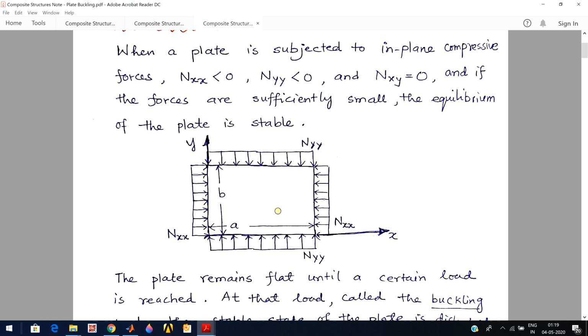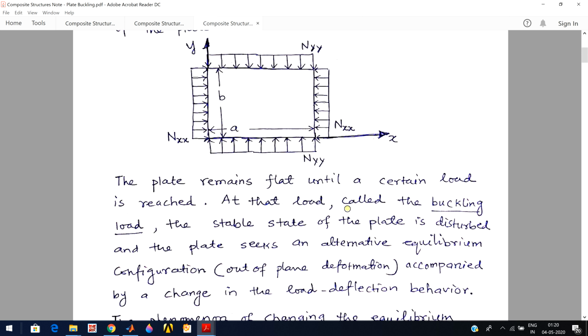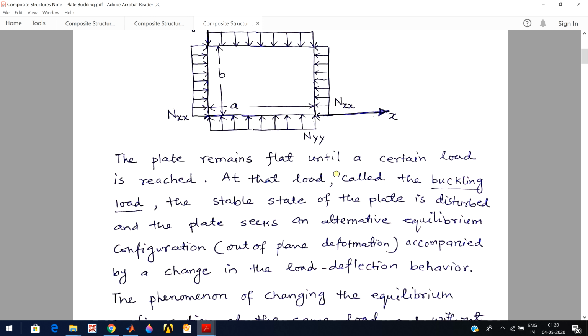And we know that due to the application of this load, initially when the load is less, the plate will remain flat, and after a certain point of the loading, the plate will start deforming out of plane, and that will be considered as a different equilibrium path, or the bifurcation of the plate out of plane deflection, and that will be termed as the buckling instability of the plate.